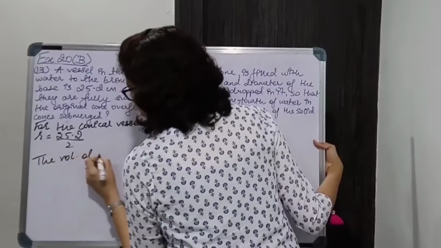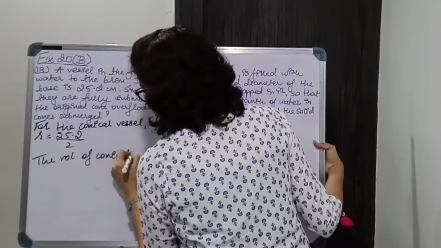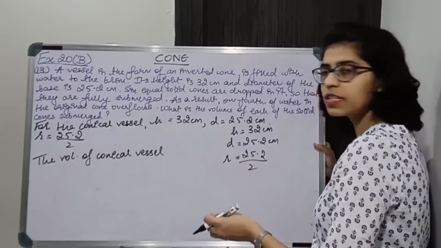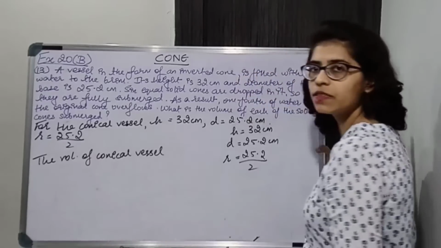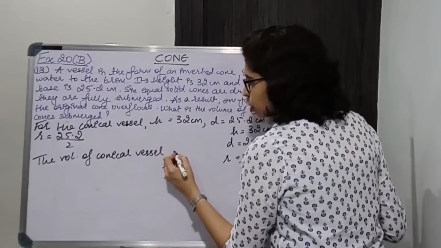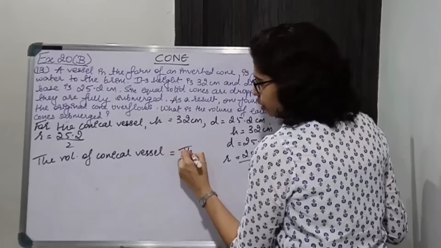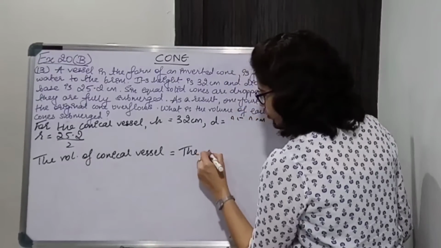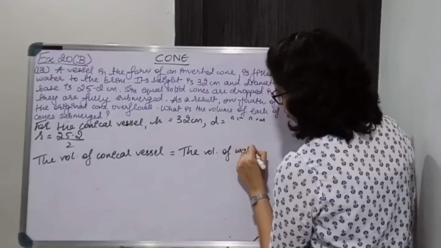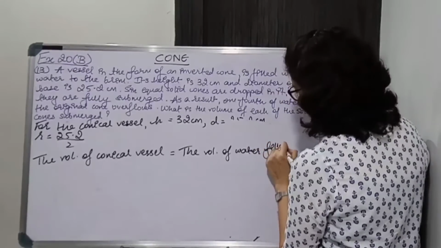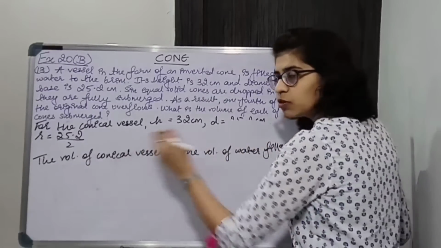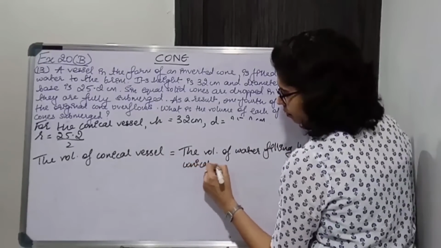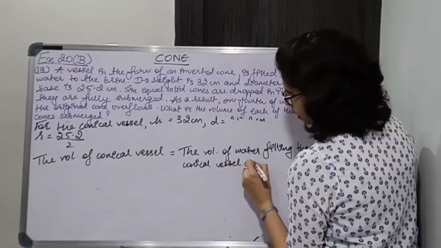We'll find the volume of the conical vessel first. The volume of water in the conical vessel is equal to the volume of the conical vessel, because initially it was completely filled.